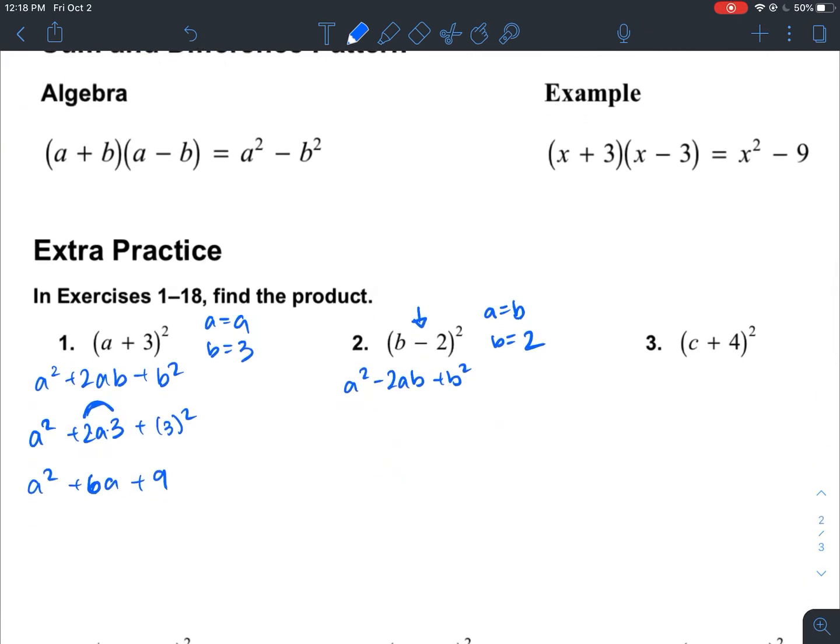So instead of a, it's going to be b squared minus 2, a is b, and b is going to be 2, plus 2 squared. So b squared minus, I can multiply these together by the commutative property, so that's going to be minus 4b plus, and then 2 squared is going to be 4.